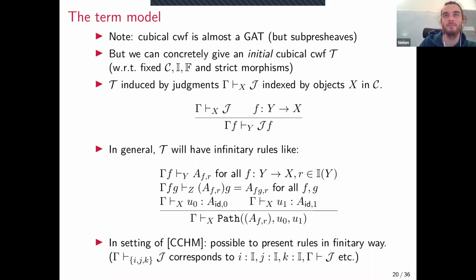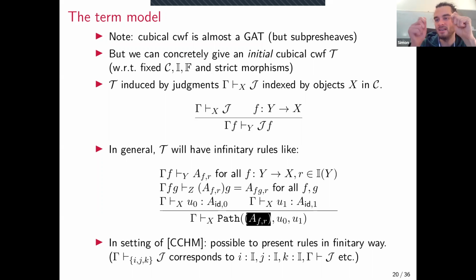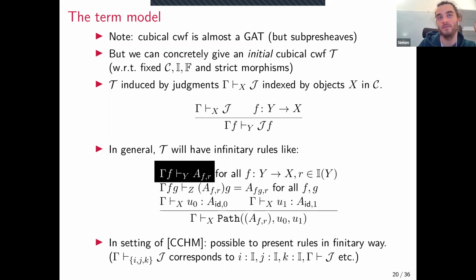But in general, this T has infinitary rules. I'll maybe not walk you through this completely, but to form a path type, the input type is given as a family of compatible types. So at stage Y, you have to give the type A f r for each f and each r.